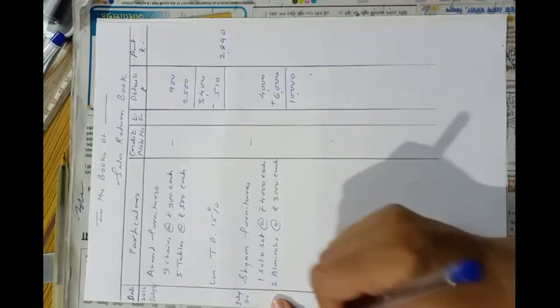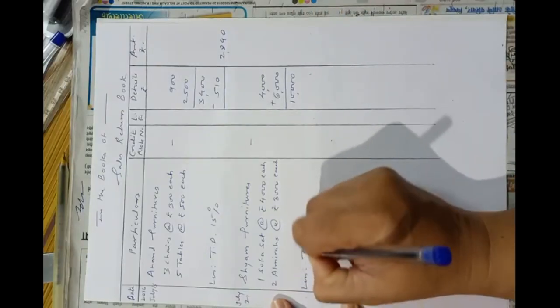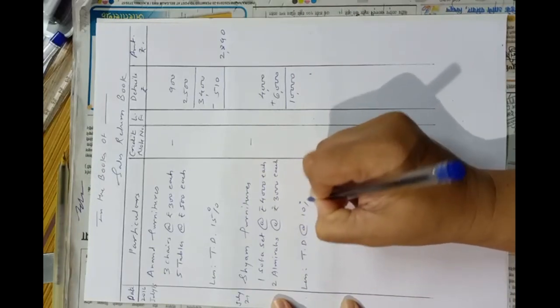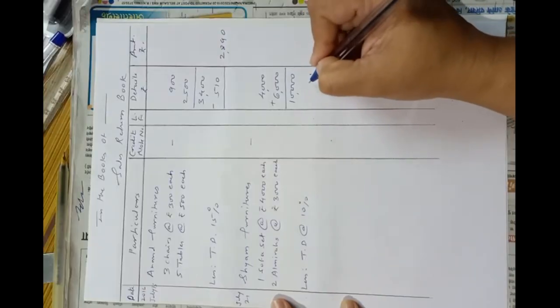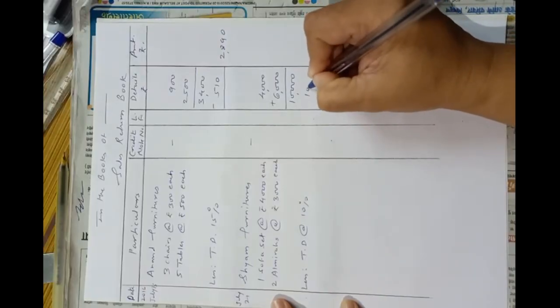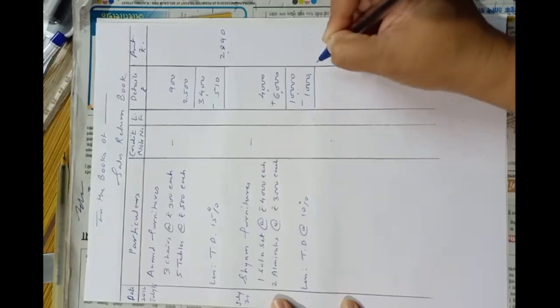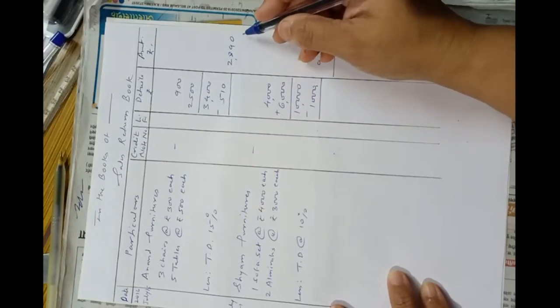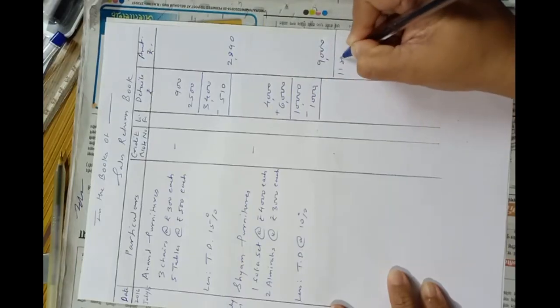And now we will deduct the trade discount, less trade discount at 10%. 10% of 10,000 is 1000. So after deducting 1000, final amount is 9000. Okay, and now we will add 9000 and 2890, so it is 11890.